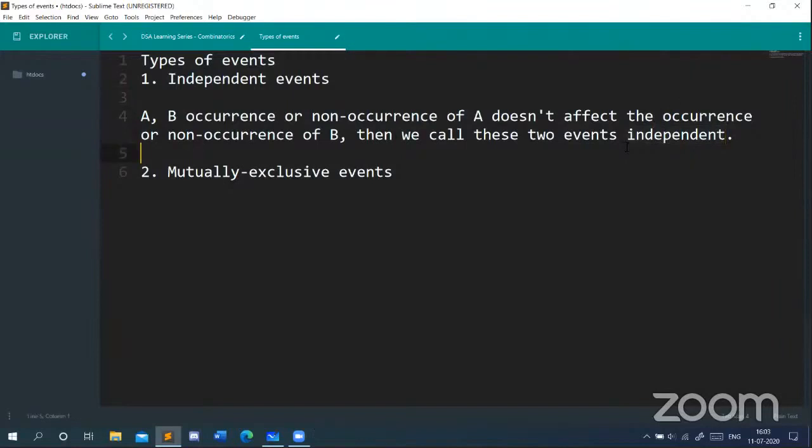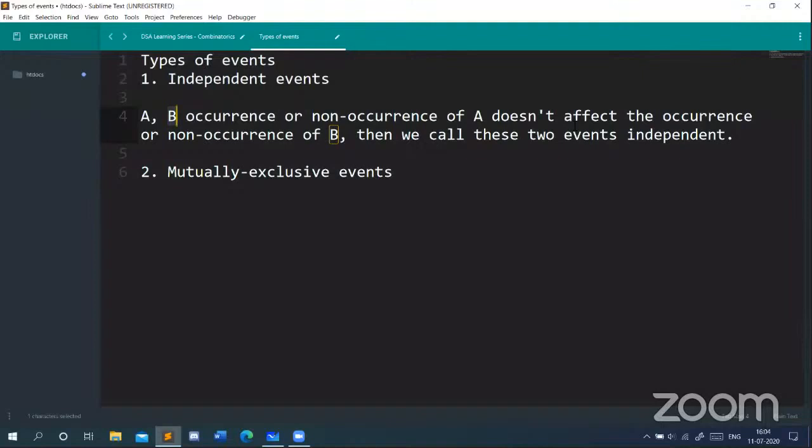And if that sounds like a mouthful, then I'll just say that if whether A happens or not does not affect whether B happens or not, we call them independent. Sticking to mathematical examples, rolling a die and tossing a coin are independent events, because whether or not I get a heads or a tail on a coin does not affect what number I'll get on the die.